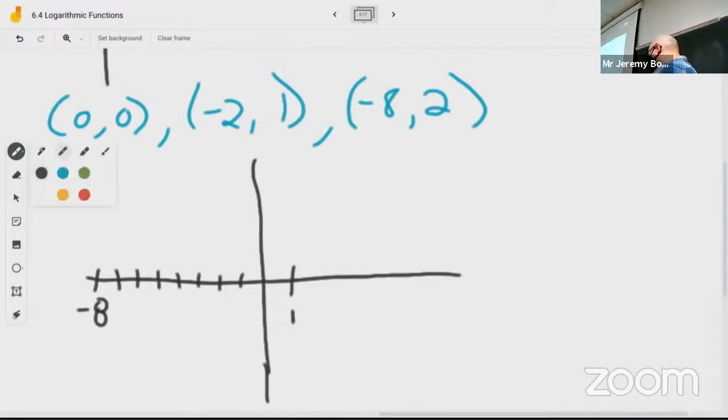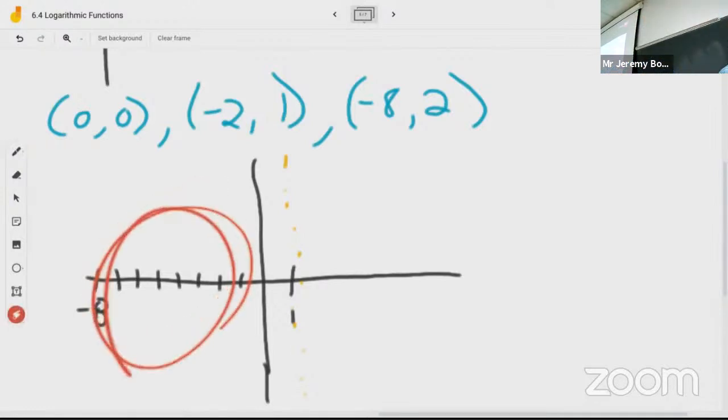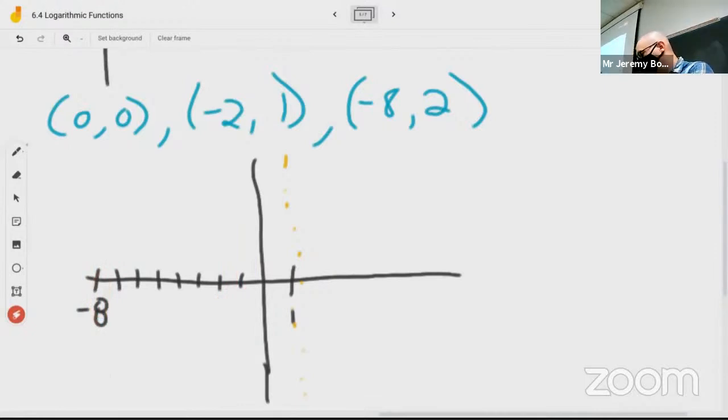We should have a vertical asymptote there. And so our graph should be all over here somewhere. So let's put our y values 1, 2, 3, 4, 5, 6.